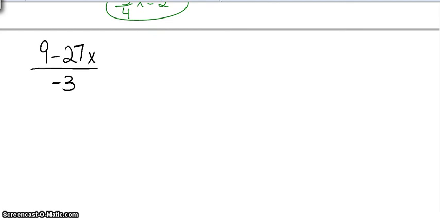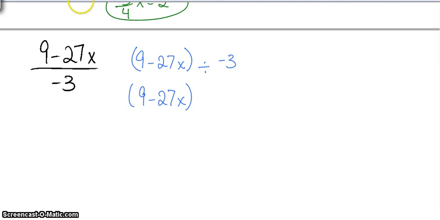Now I have 9 minus 27x divided by negative 3. I'm going to rewrite. So I have 9 minus 27x. Make sure I make a note that it's grouped. Divided by negative 3. So I have 9 minus 27x times negative 1/3. And now I'm going to distribute. Negative 1/3 times 9 is going to give me negative 9 over 3.